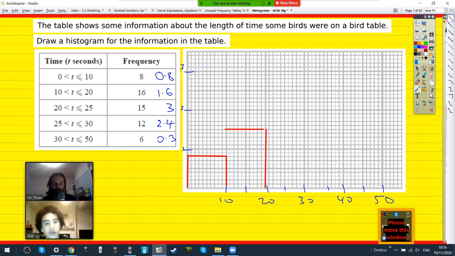Third one would be 20 to 25, and it would be 3. The fourth one would be 25 to 30, and it would be 2.4. Fifth one would be 30 to 50, and it would be 0.3. So it's just 3 squares.